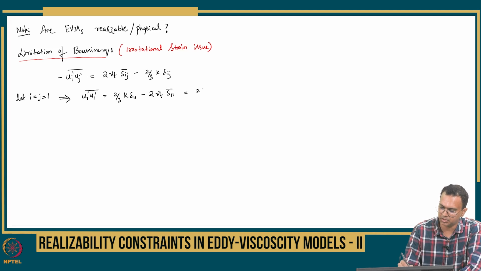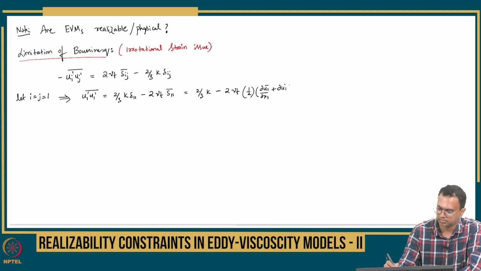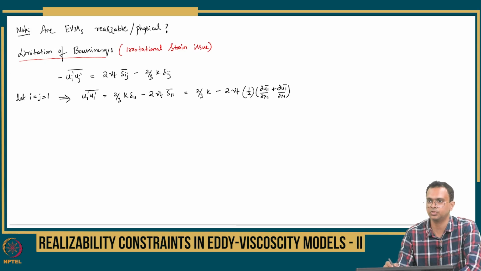This gives me 2/3 k minus 2 nu t times half of dou u1 bar by dou x1 plus dou u1 bar by dou x1, from dou ui bar by dou xj plus dou uj bar by dou xi.